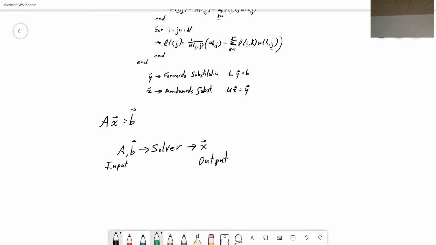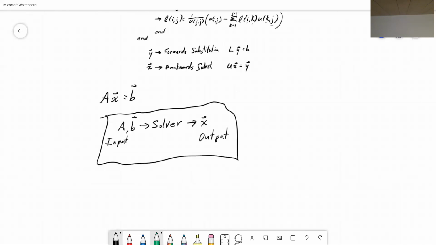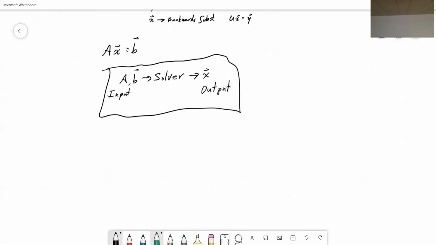So that's for both solvers. Both will have this structure down here.